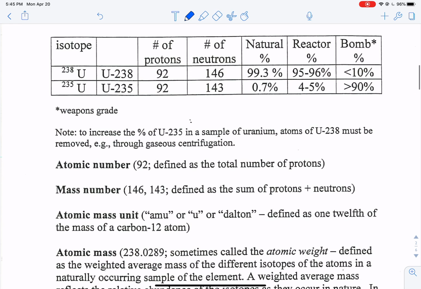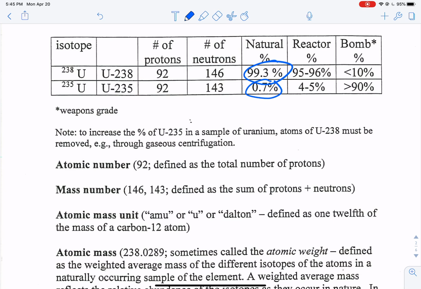Now you might remember this from chemistry as well. Comparing uranium-238 to uranium-235. Notice that most of the uranium on the planet is uranium-238. A small percentage is uranium-235. Now you might wonder, well, what difference does that make?